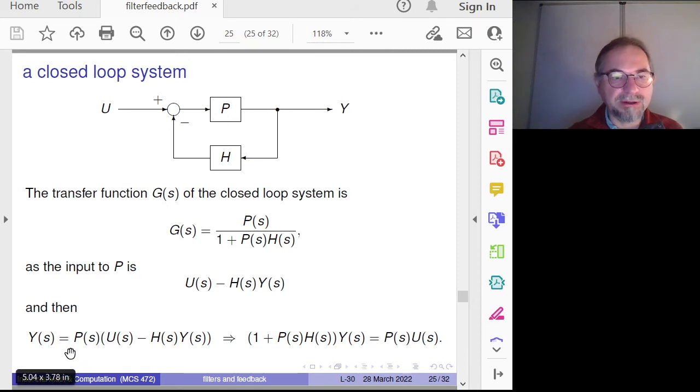I should have pointed this out on the previous slide. So the transfer function of the open loop system is P of S. We factor out the Y. That's why in the denominator we see a plus. So we have 1 plus P times H. And that's the denominator of the transfer function.